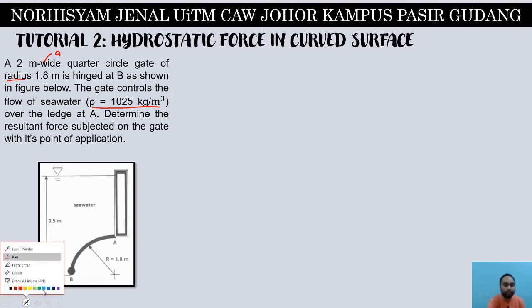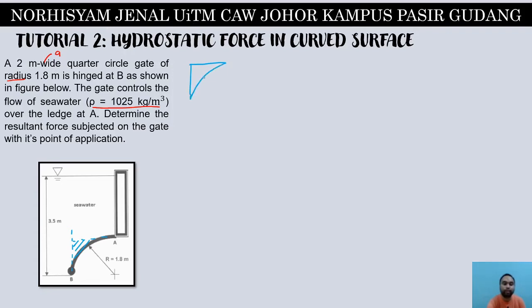So this is almost the same as before. Right now what we need to do is, first we have to draw the volume. So the volume looks like this. If I bring up the volume to the other side, it will look like this.